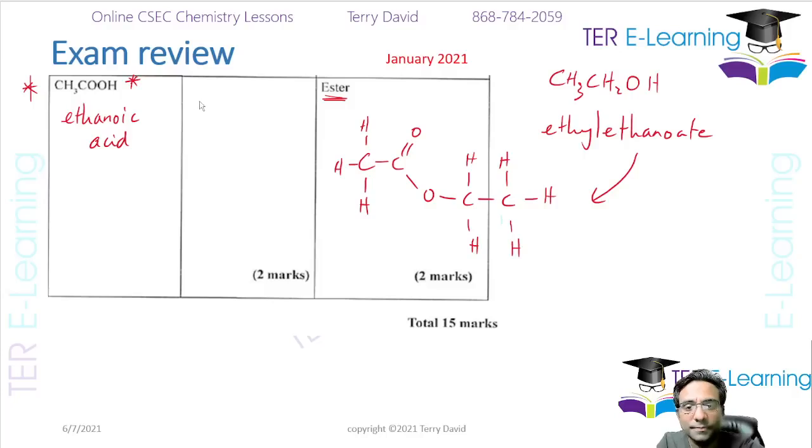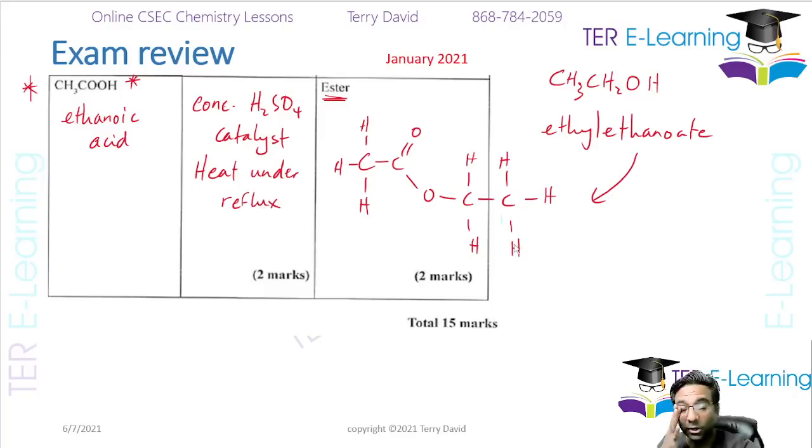That's how we produce an ester. Those are my 2 conditions: concentrated sulfuric acid as my catalyst, and heating this under reflux.